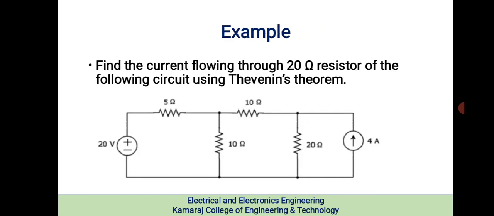So here is a simple example. Previously I did this with the superposition theorem; it is the same problem here. Find the current flowing through the 20 ohm resistor of the following circuit using Thevenin's theorem.